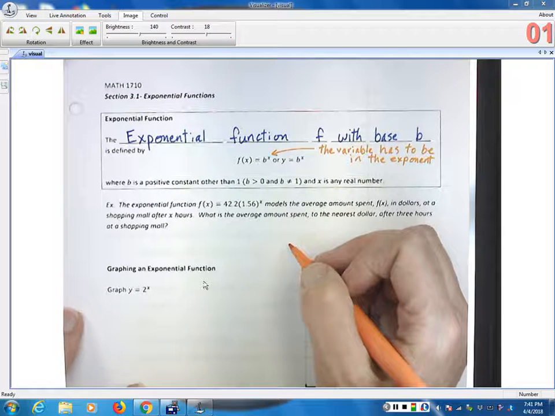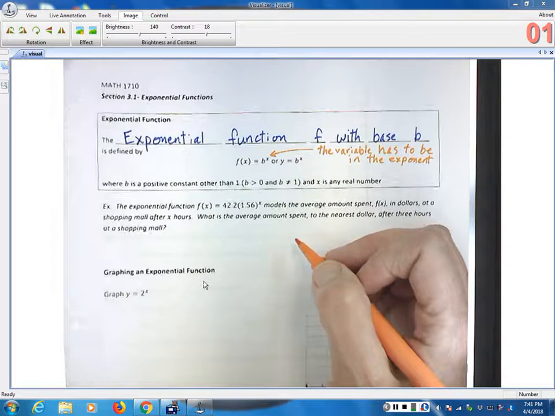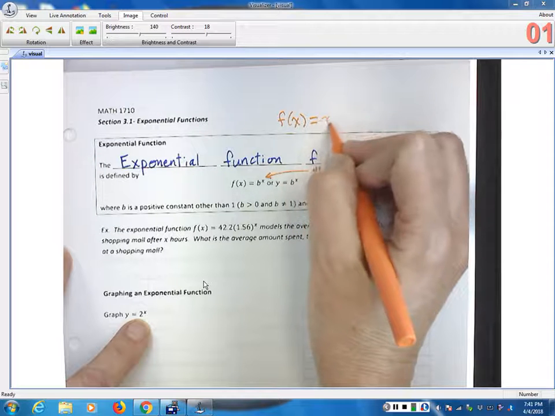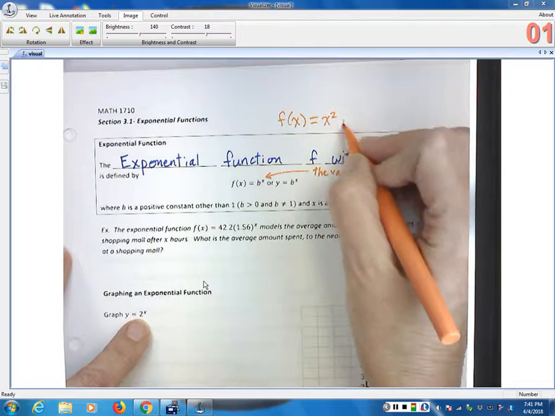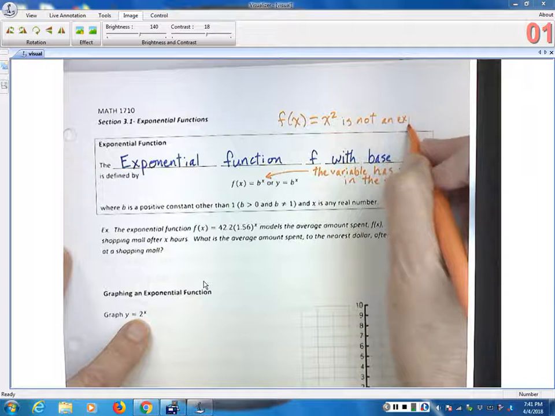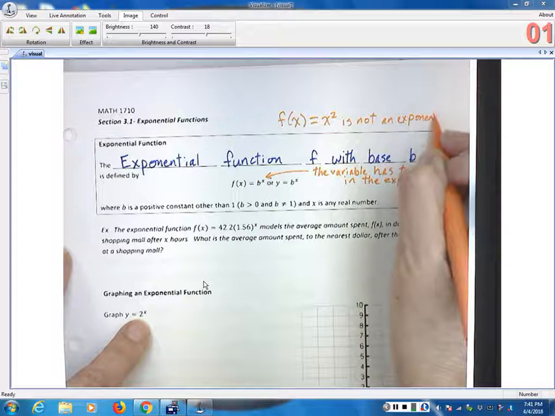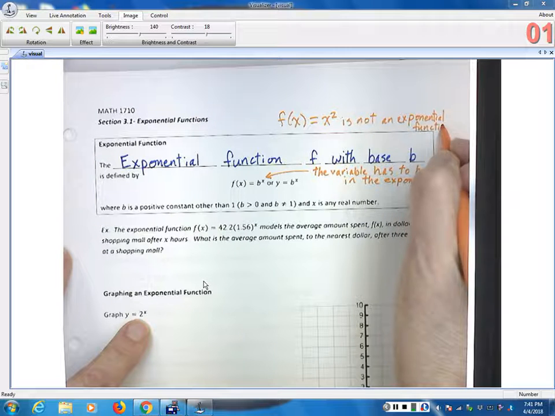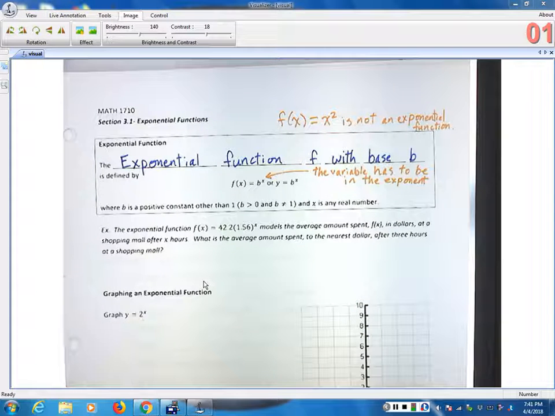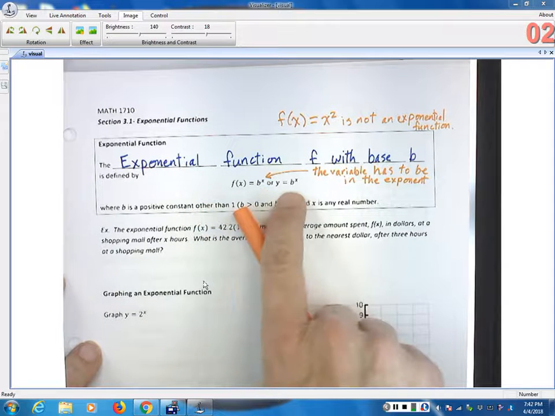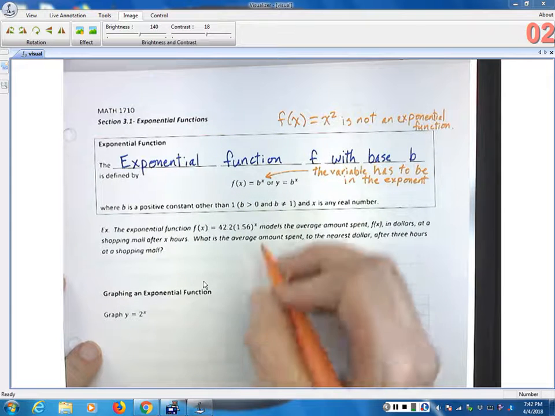Okay, and so for instance, f of x equals x squared is not an exponential function. The variable has to be in the exponent. So this is in the exponent, b to the x. And b is the base.